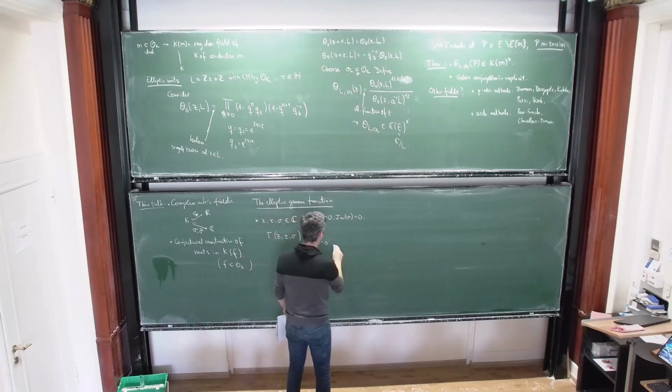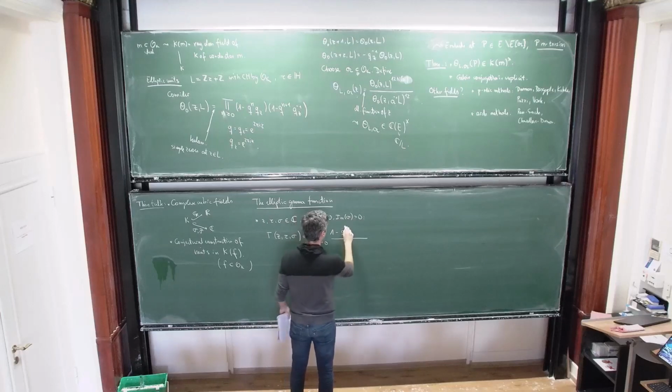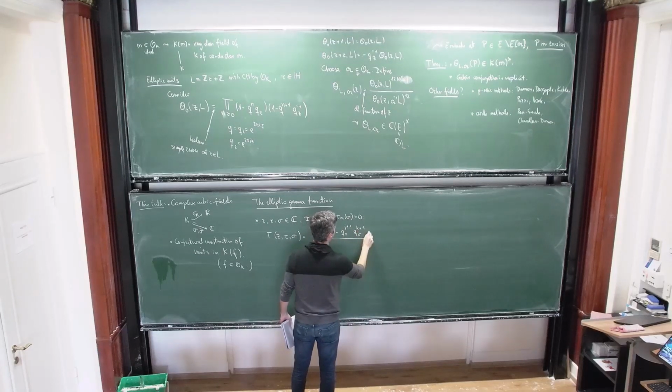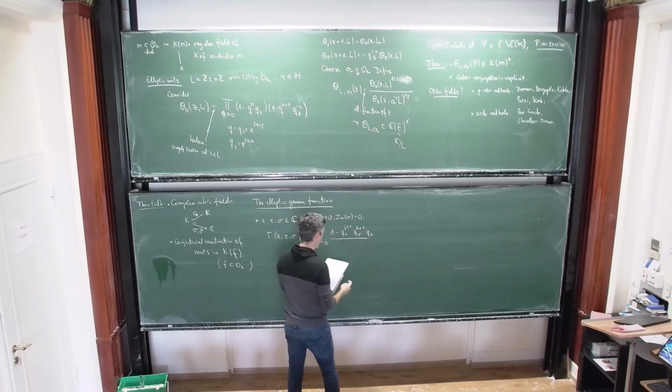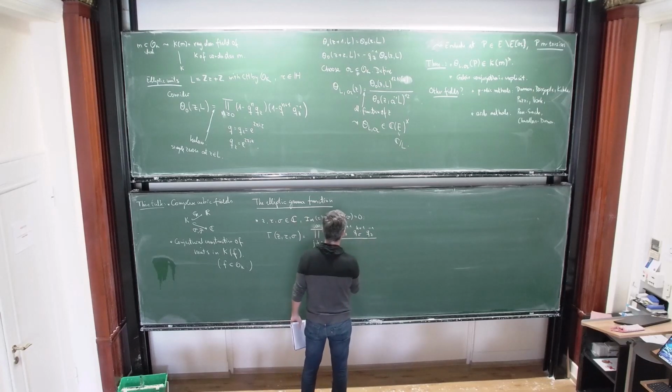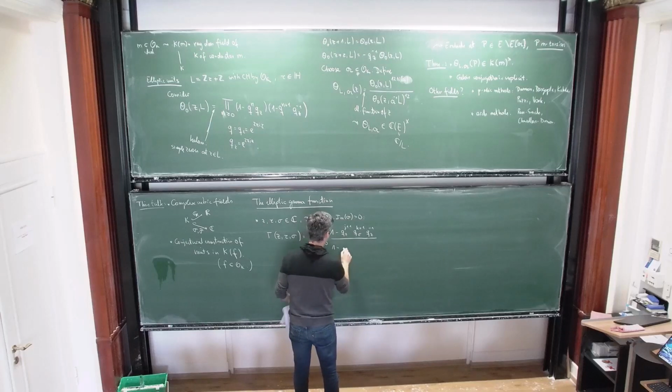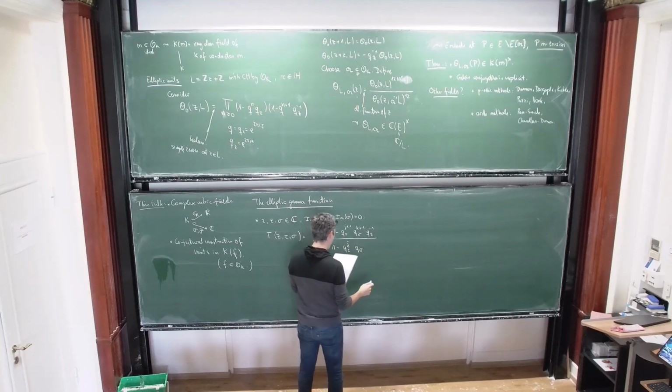It looks like this: 1 minus q tau to the j plus 1, q sigma to the k plus 1, and q z inverse, over 1 minus q tau to the j, q sigma to the k, q z, and so on.